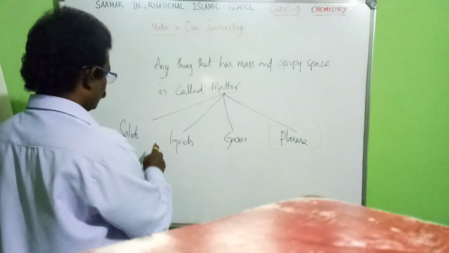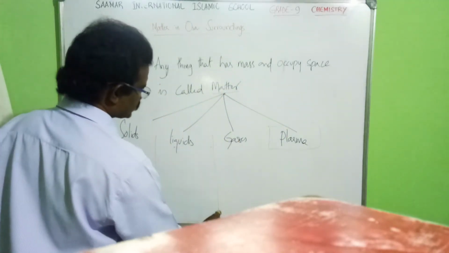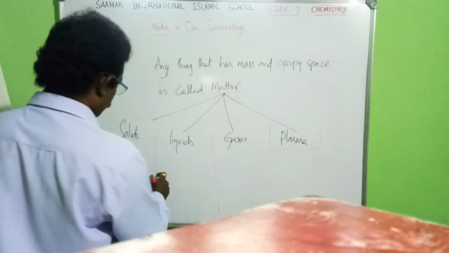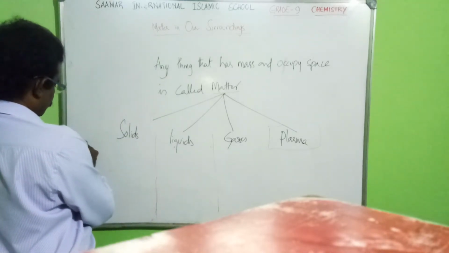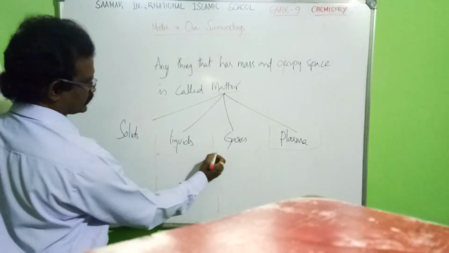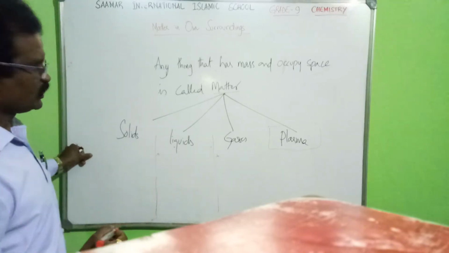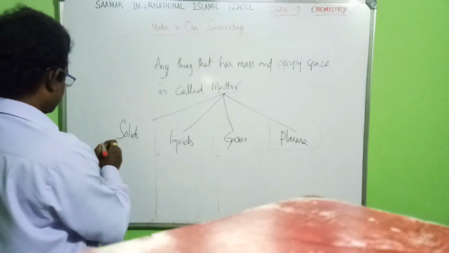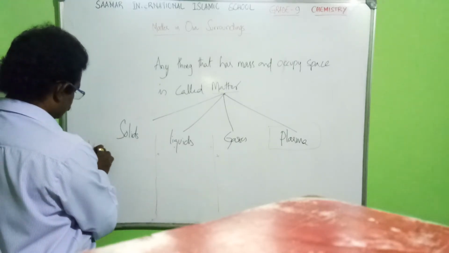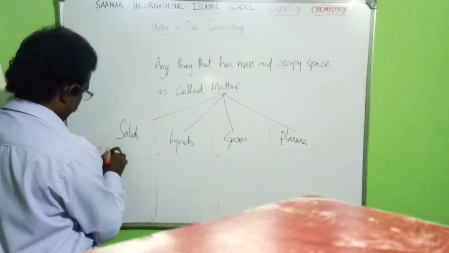Okay. Now, what are solids? What are liquids? What are gases? Now, I will give you points one by one for all these 3 together. In solids, the atoms are closely packed. First point, the atoms are closely packed.